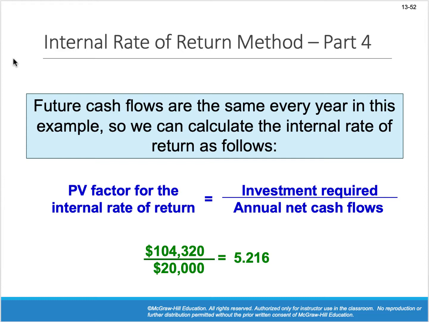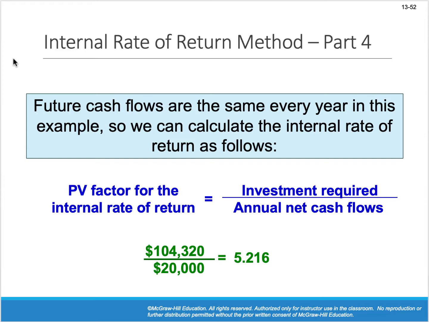Now, the answer that we get, okay, is what we use to compute the appropriate present value factor of 5.216. So by taking the investment required divided by those annual net cash flows, we get a present value factor. This is the present value factor for the internal rate of return, which is 5.216.